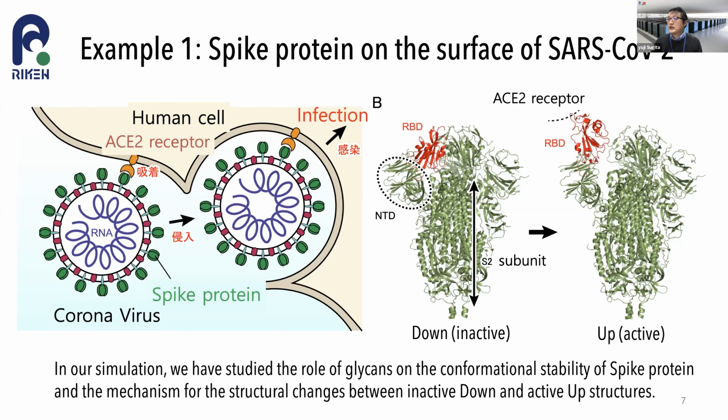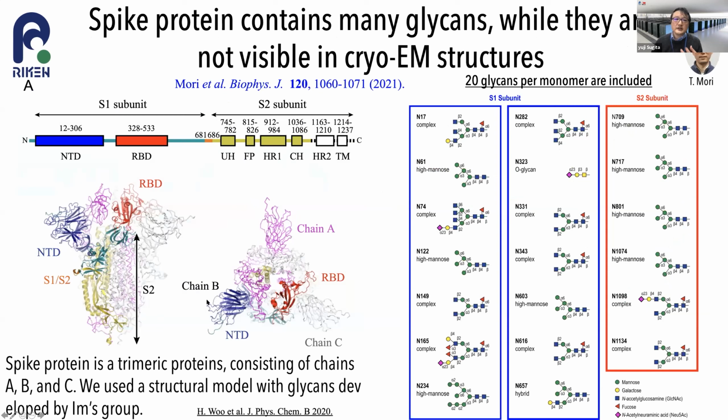And thanks to cryo-electron microscopy, we know the down and up structures. The up structure is active and the down structure is inactive; only the up structure can bind to the human receptor. So we'd like to understand the conformational change and also the glycan interaction with this protein. Here are more details about the spike protein structure.